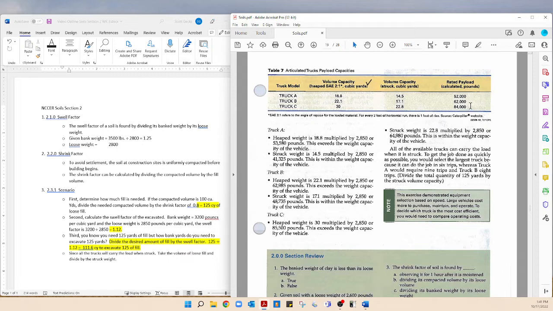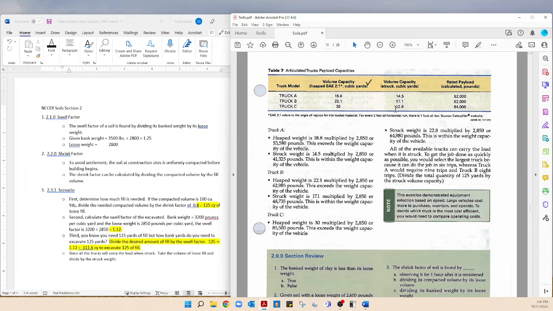So what you're going to have to do is look at the cubic yards of, let's see, truck weight is 22.8 multiplied by 2850. So I guess I can go through this.